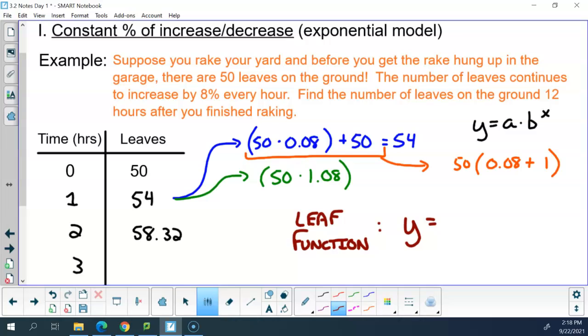Starting value. A is our starting value. So A is 50. B. What are we multiplying by every single time? 1.08. To the x power. Okay? How many leaves are on the ground in 12 hours?